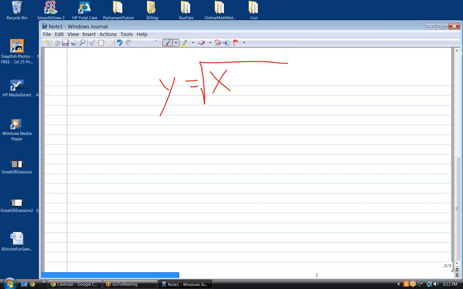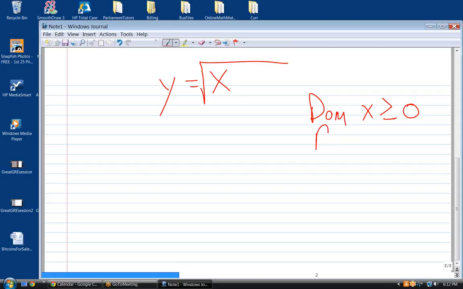Or more precisely, what can't it be? Anything higher than x? No. x can't be negative. You can't take the square root of a negative number. So the domain for this function would be x has to be greater than or equal to 0. Right. Because you cannot take the square root of a negative number. You can take the square root of 0, you just can't take the square root of a negative number.